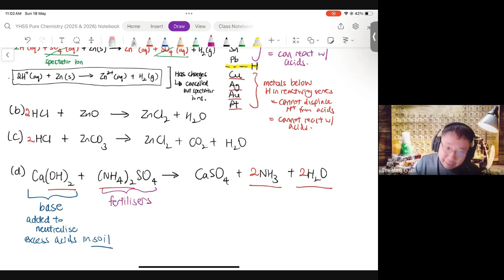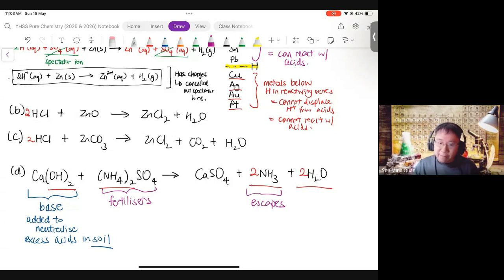You need fertilizers. In particular, you need the nitrogen in fertilizers for the plants to grow well. So this reaction shows you that it's going to be problematic if you added fertilizer and the base at the same time to the soil. If I added the ammonium fertilizers and calcium hydroxide at the same time to the soil, you produce ammonia gas, which escapes.